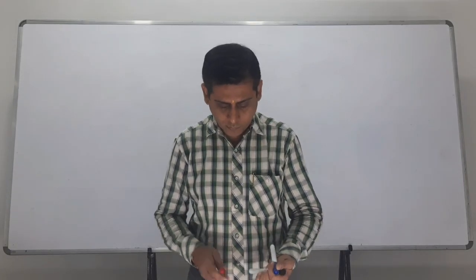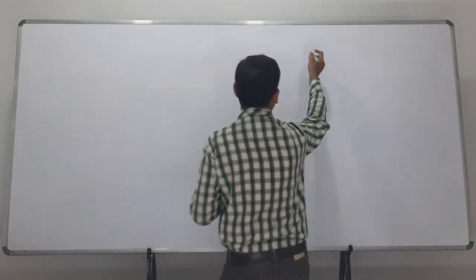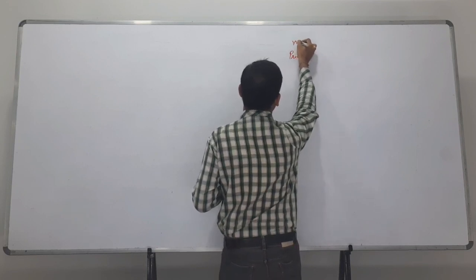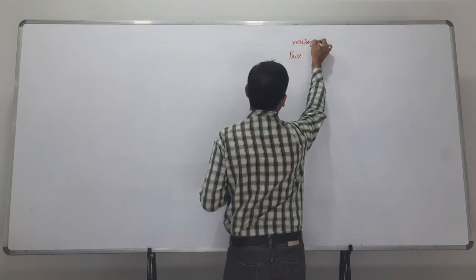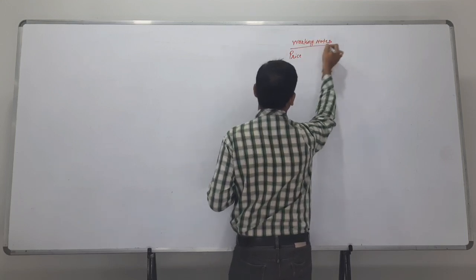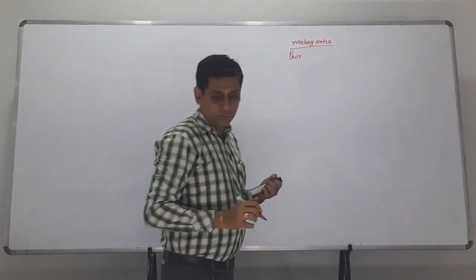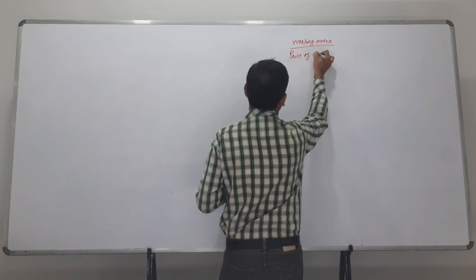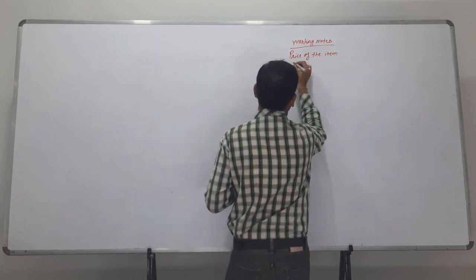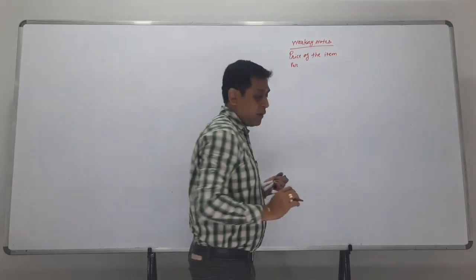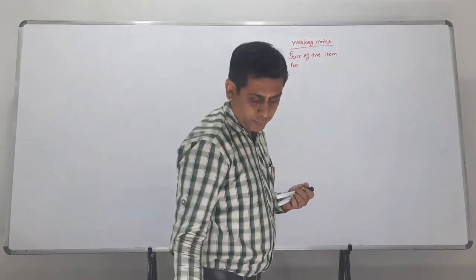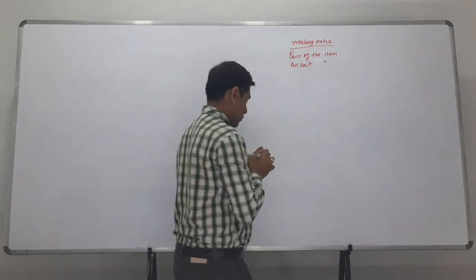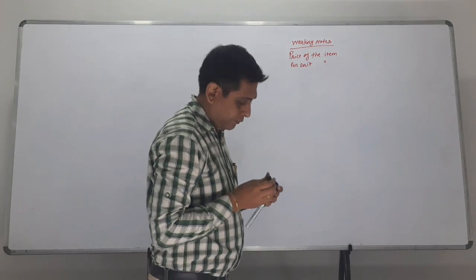So here I am writing the formula first. That is your working note. Price of the item per unit is equal to, what is the formula?